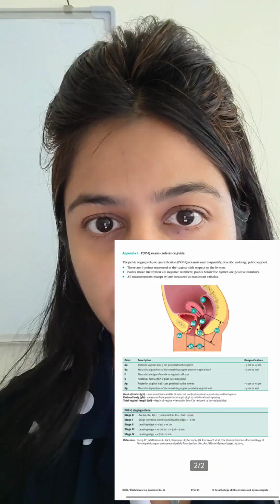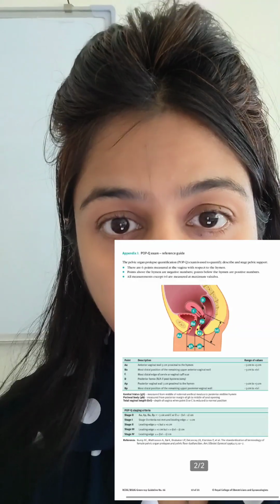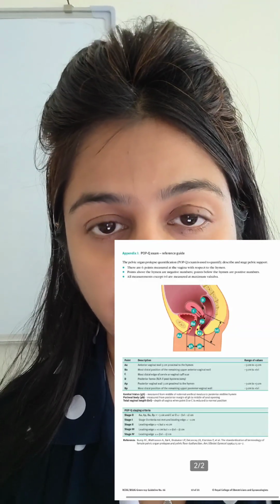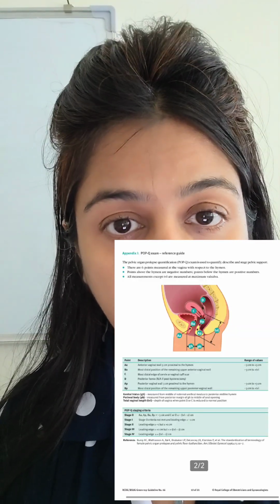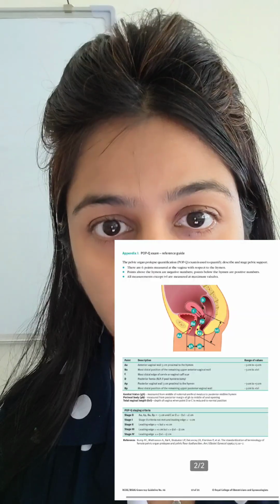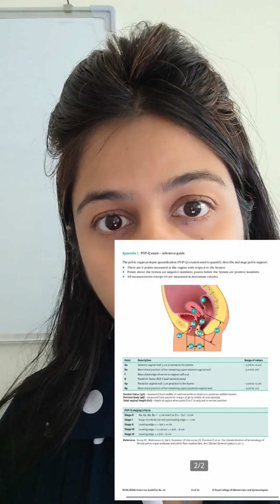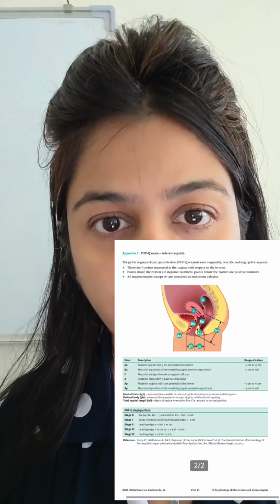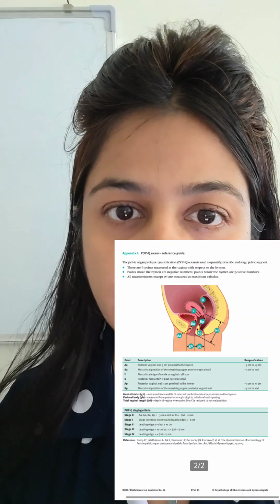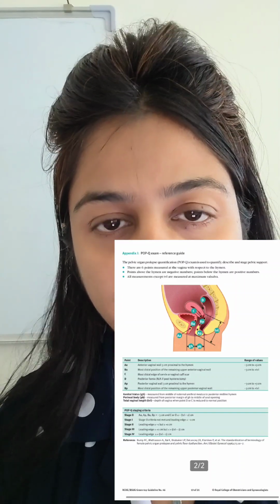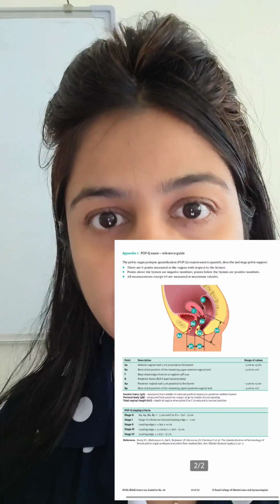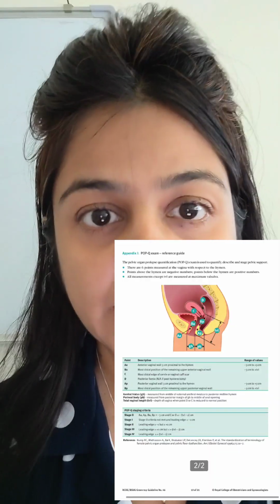But we will not take this point if the patient has already had a hysterectomy. This point D is removed, because the patient doesn't have a D point after hysterectomy. But C will remain, because we take the vaginal cuff scar as point C if the patient doesn't have a cervix. This is the difference.